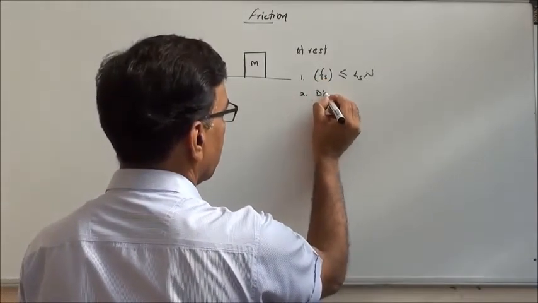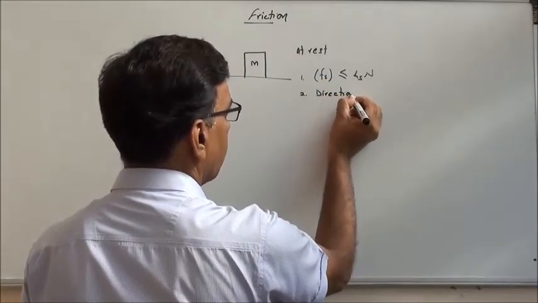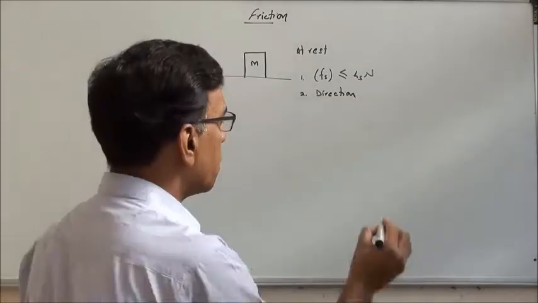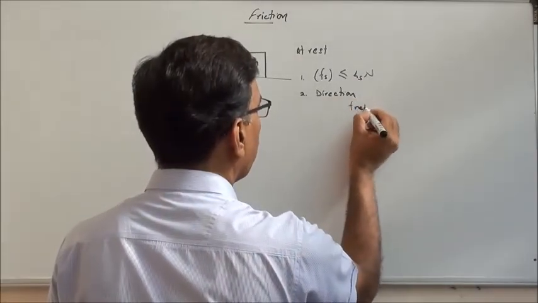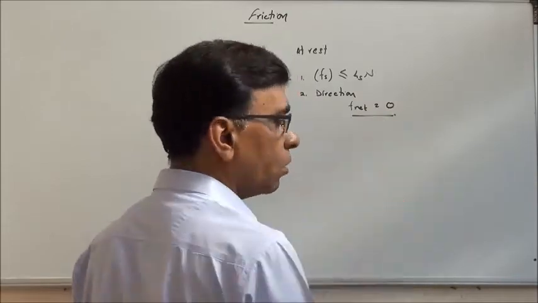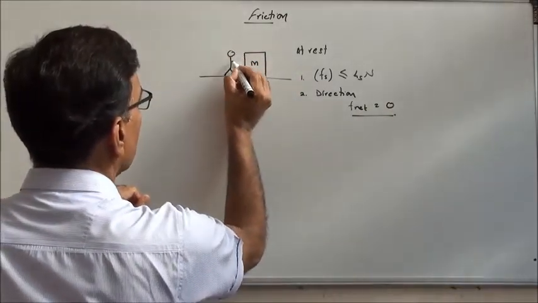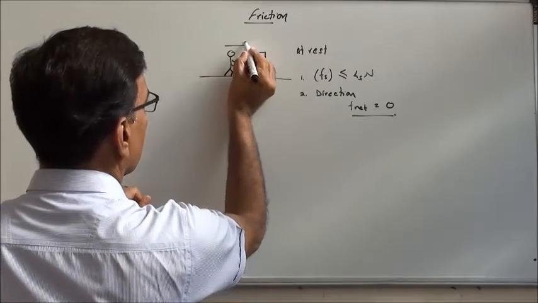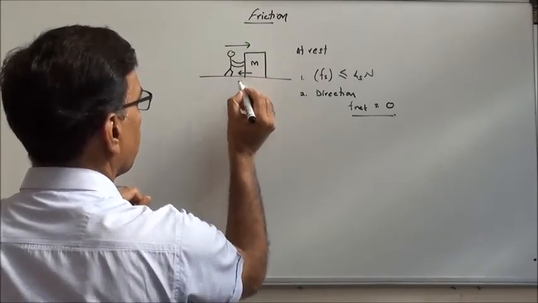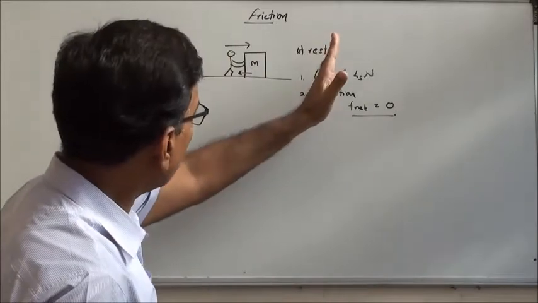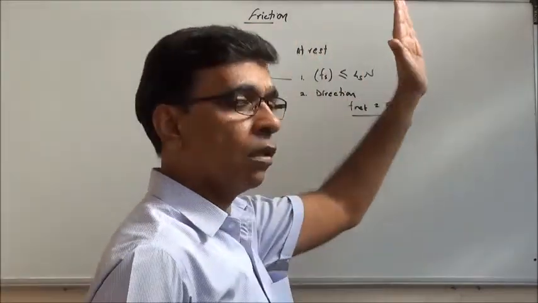As far as direction is concerned, the direction of the frictional force is such that the net force is 0. So if we are applying a force in this direction on this object, the direction of friction will be this. If I apply force in this direction, the friction will be opposite.